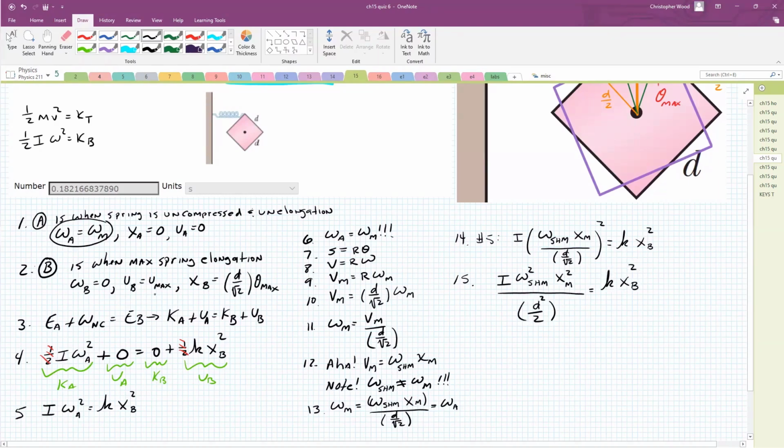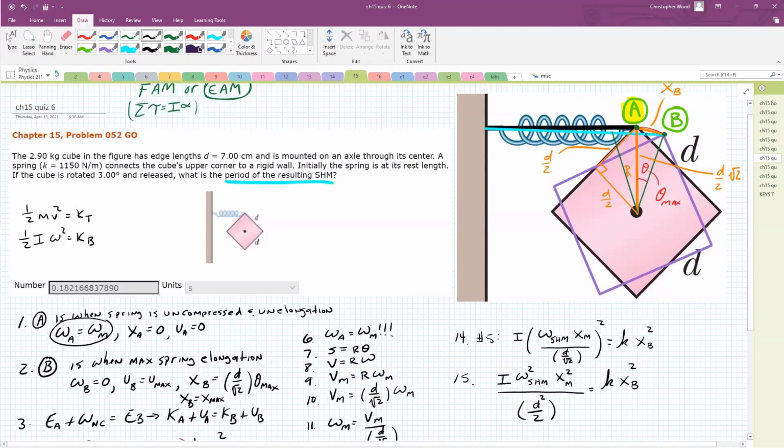Okay, and XB, and I better add this. XB is also equal to X max, which I just erased that visual. But XB right here, this is the maximum elongation, what I'm highlighting here.